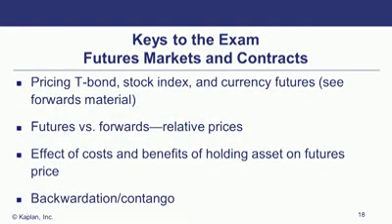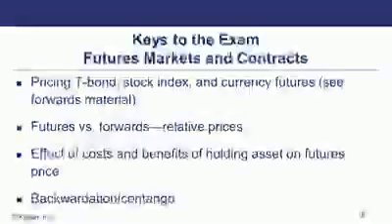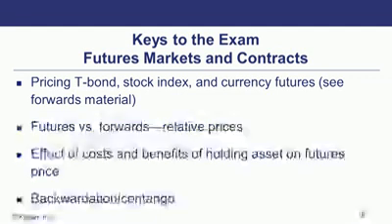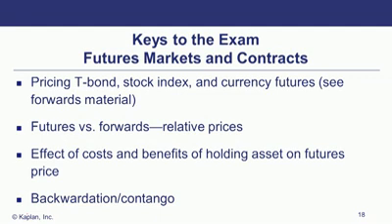Guys, we're nearing the end of this fairly short reading, I should say, on futures. So what were the key things we saw? Well, of course, we saw that futures are pretty much the same type of animal as forwards. So to get a good understanding of what futures are, go back and look at the forward reading video.